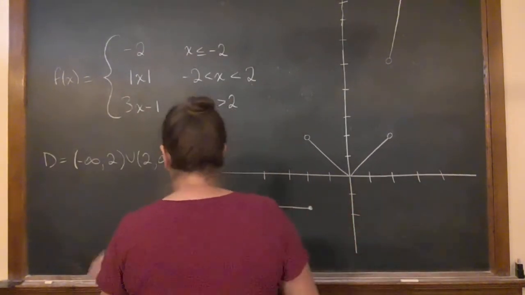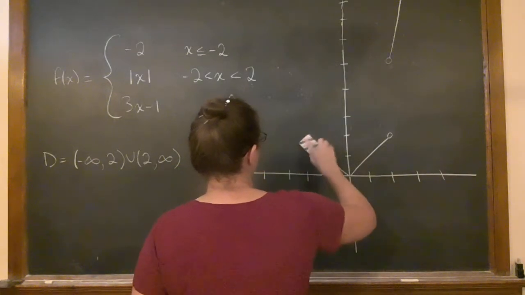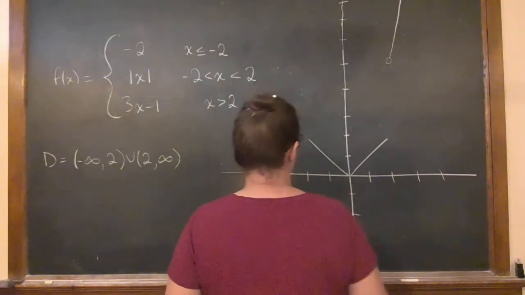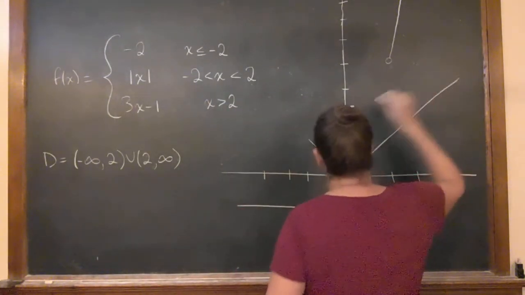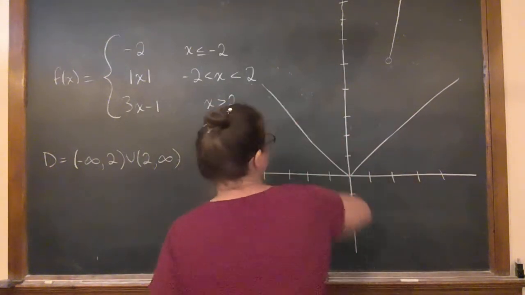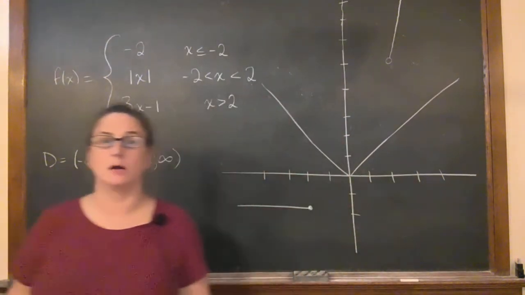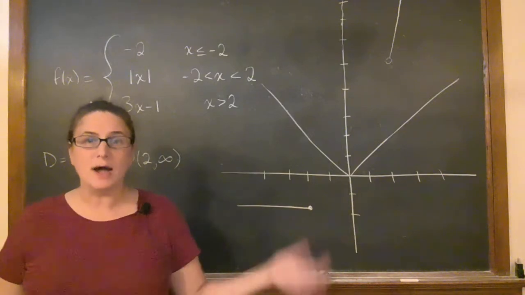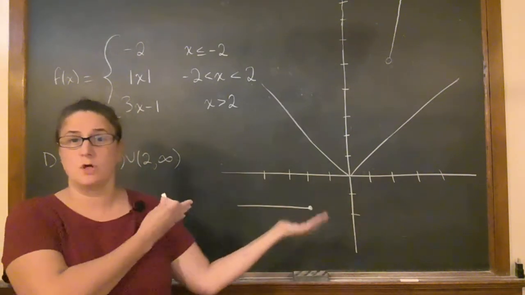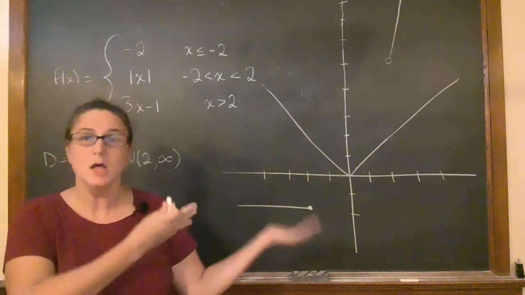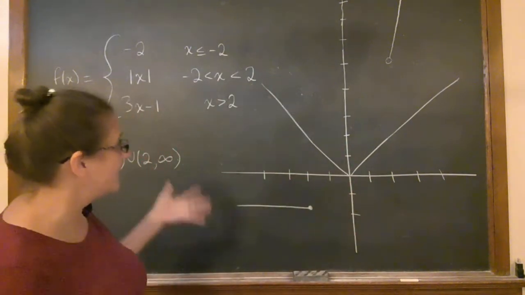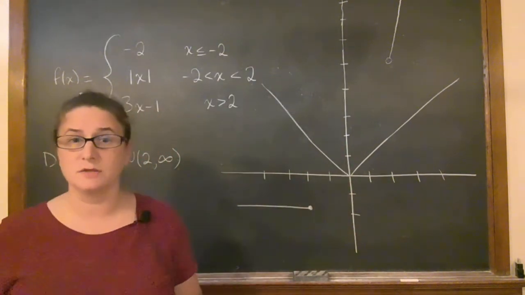So if I just drew it on the graph, let's say I just drew it like this. This is completely wrong. Why is it completely wrong? Because this is no longer a function, right? You can see this picture completely fails the vertical line test.